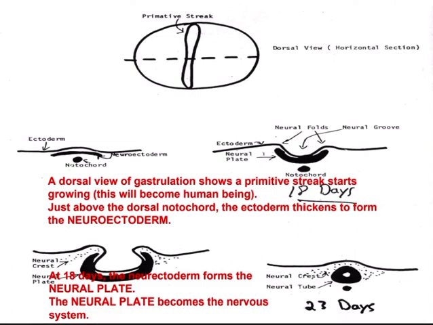This here is the dorsal view of the horizontal section of the embryo, our embryology. What we have is the primitive streak, this is what will form النوتوكورد اللي قبل شوي تكلمنا عنه. This will form later on into the notochord.